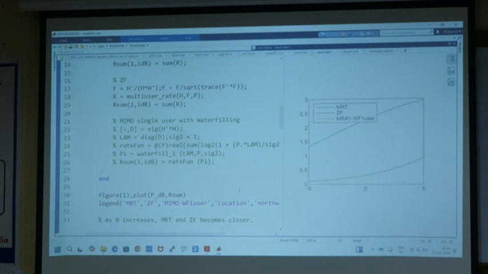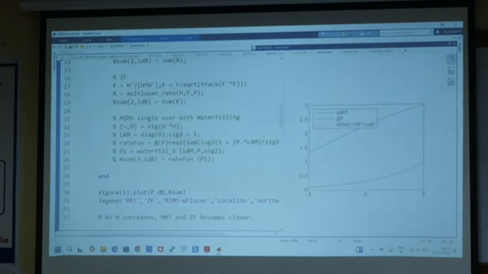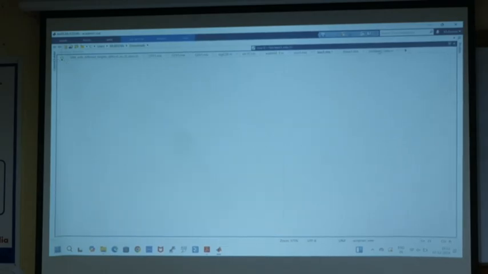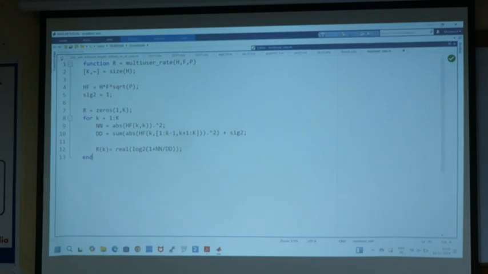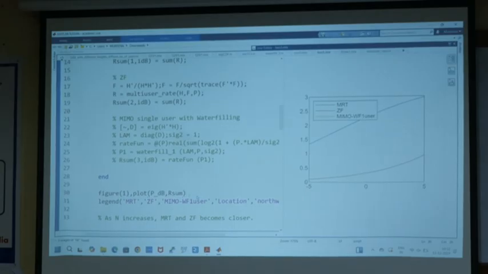So the first is MRT, the second is zero forcing. Ideally this zero forcing should come higher.